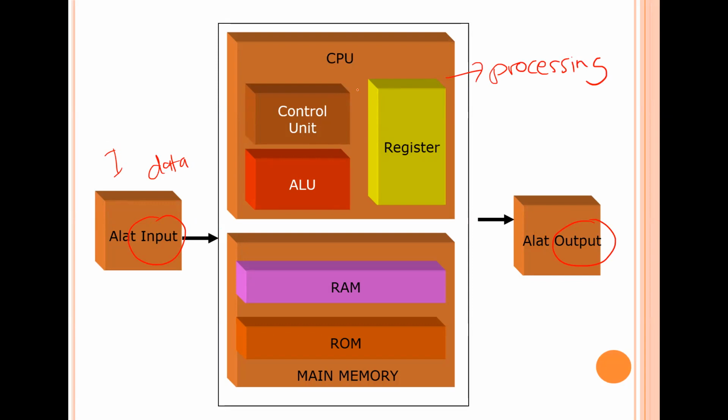There is some kind of process running here. These are the components: control unit, ALU, and then register, RAM, ROM, and here the memory to save temporarily. And then the last one is the output, producing the result of the processing.